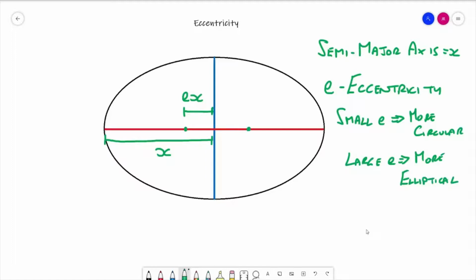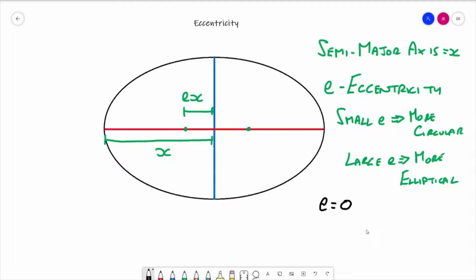Now if we go further with this eccentricity, let's look at the numbers that it could potentially be. Firstly, let's take the case where e is equal to 0. Well, if e is equal to 0, then this line e multiplied by x that we've just drawn doesn't really exist anymore.